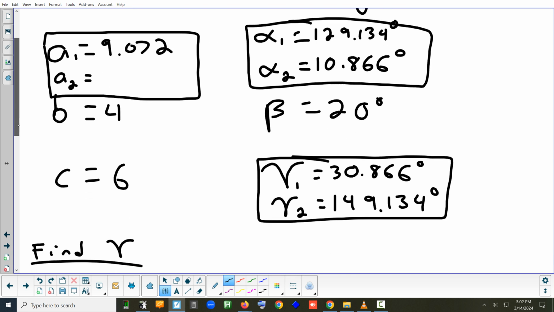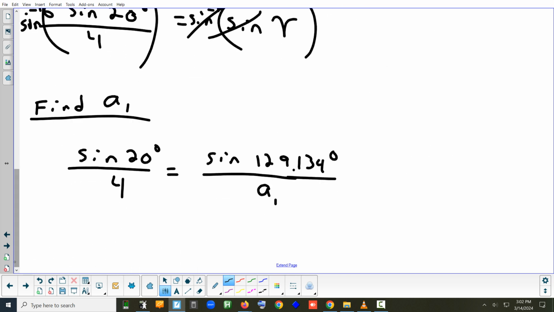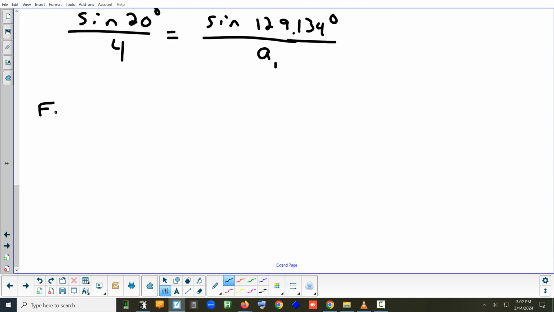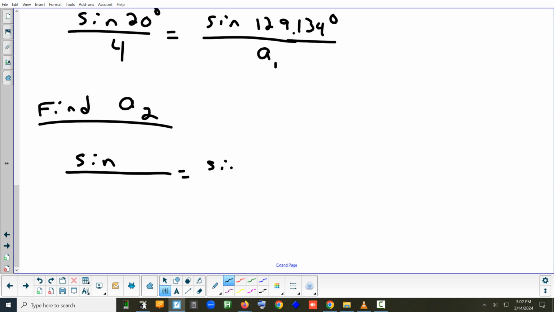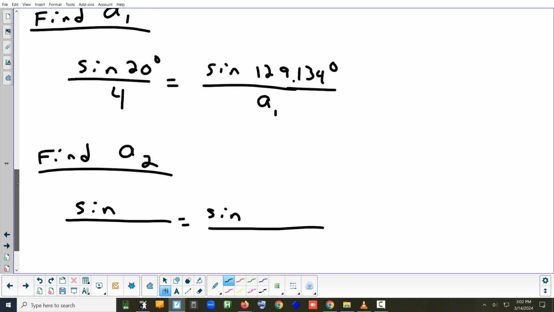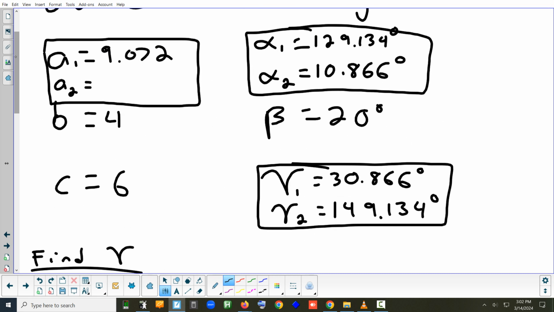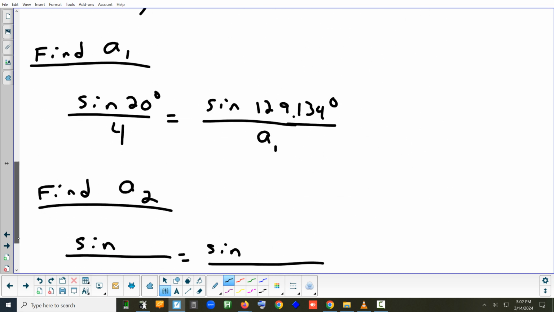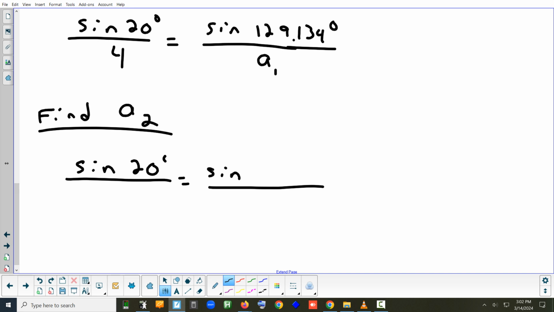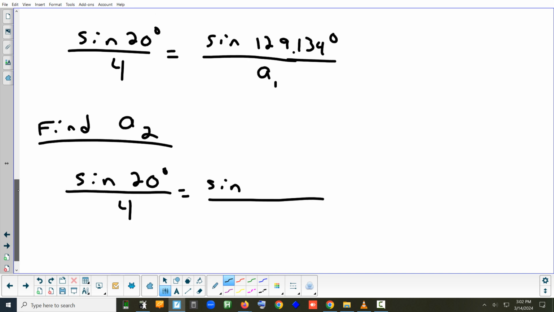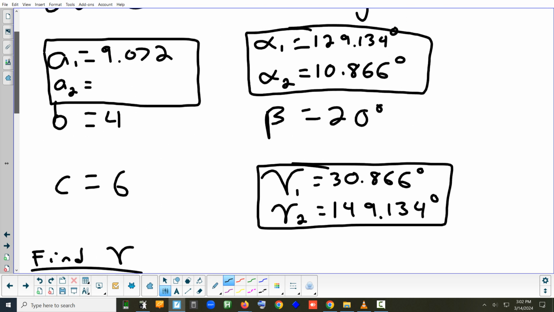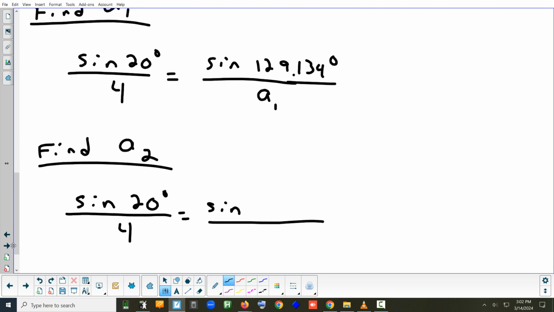And now we have to find A2. All right, let's set that up. Sine. What's going to go on the left side? Sine 20 over 4. Yep, same thing again. Okay, and on the right side? Sine 10.866 over A2.